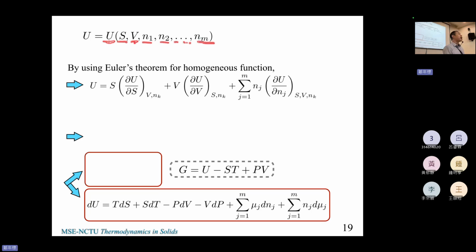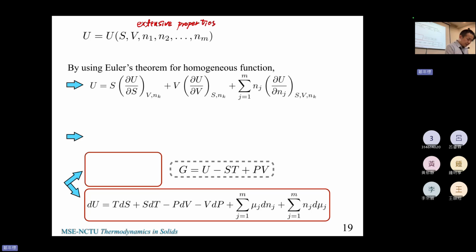blah, blah, blah, nn. So we want to use some mathematical tool to help us get more information, more underlying relationships in this formula. Okay, we notice that they are extensive properties.